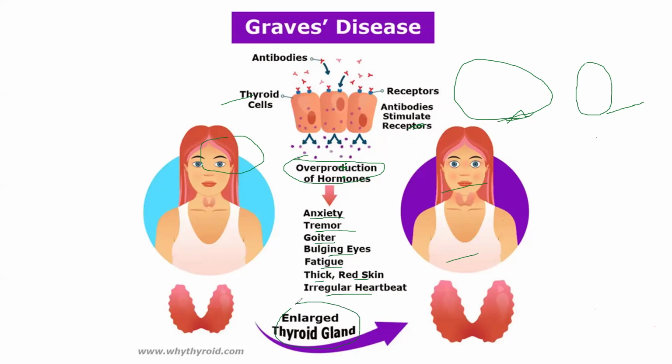So you can see that our immune system is acting against our own body, and it is producing some uneasiness and symptoms, such as anxiety, tremors, goiter, bulging eyes, fatigue, thick and red skin, irregular heartbeat, and a low thyroid.